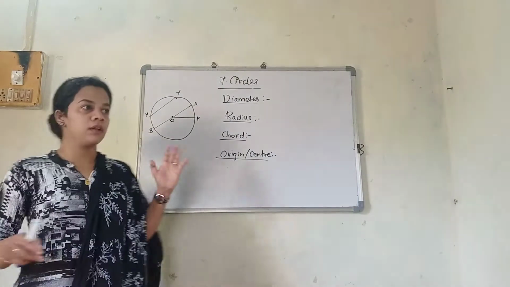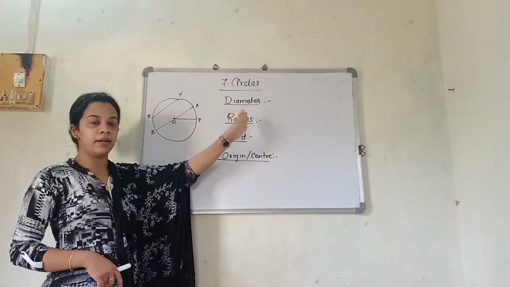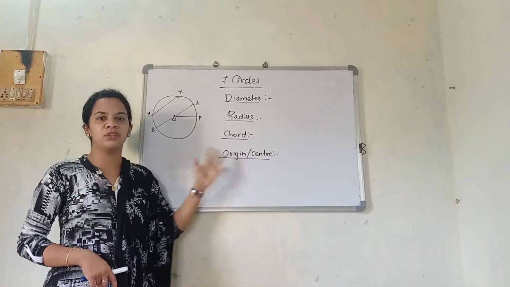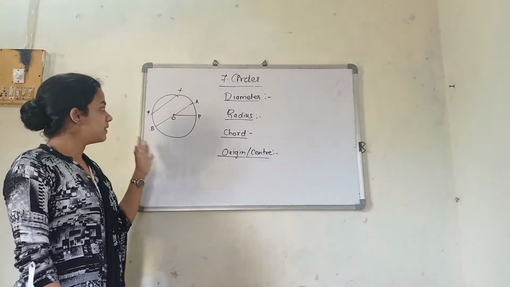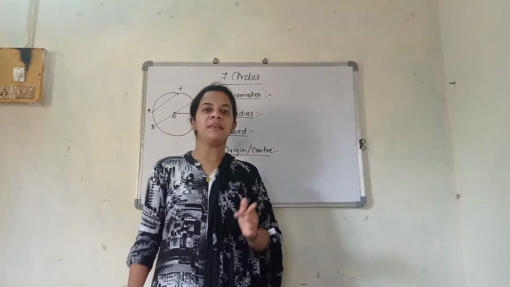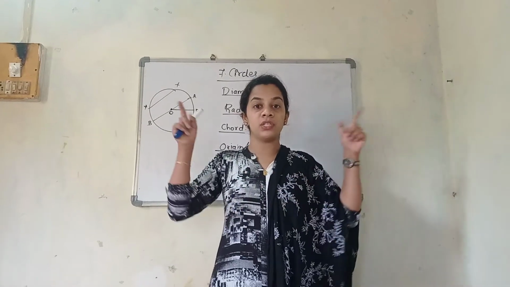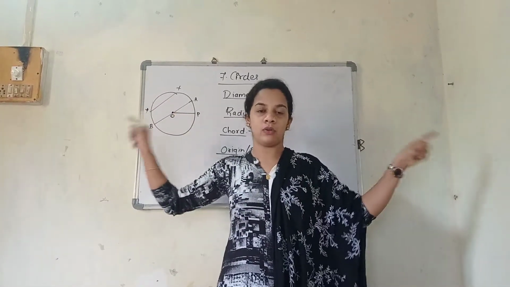Here there is one circle drawn for you, and there are a few parts they have asked you: the diameter, the radius, the chord, and the origin or the center of it. Now just see this and tell me what is meant by diameter. Diameter is that part which passes through the center and touches two different points of the circle.